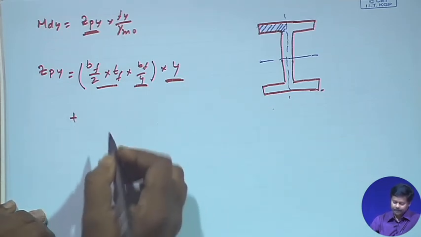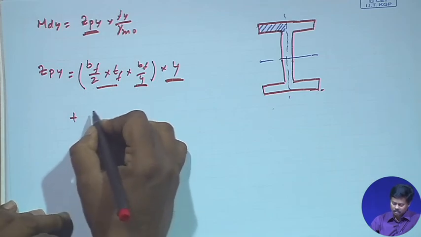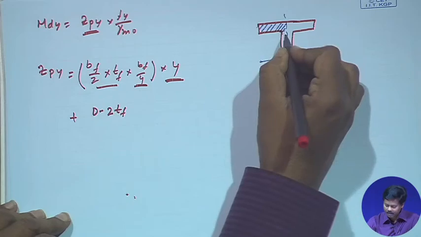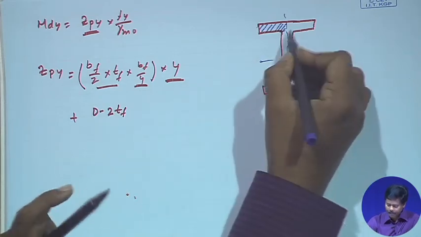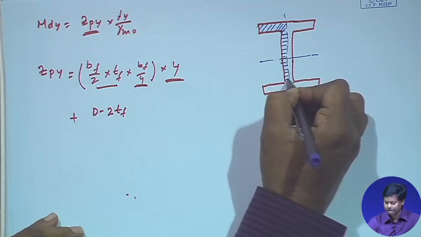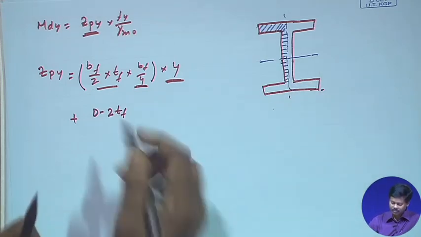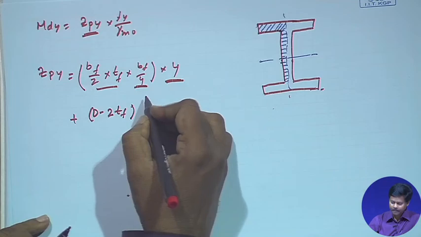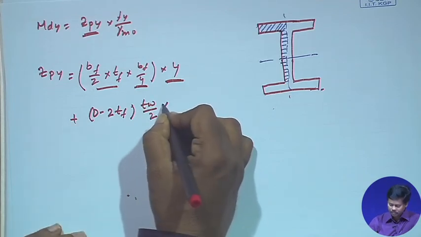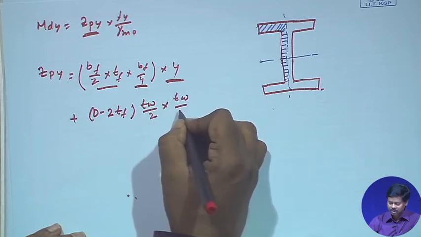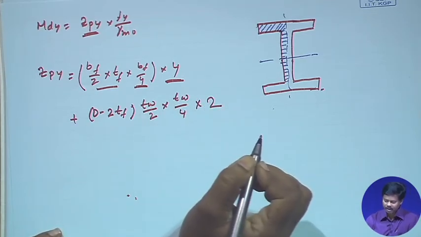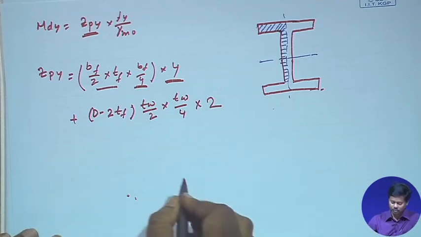plus d minus 2 Tf, this portion will be this. So, d minus 2 Tf into Tw by 2 into Cg distance, that will be Tw by 4 into 2 sides, so into 2.